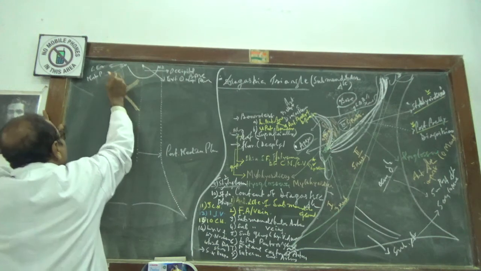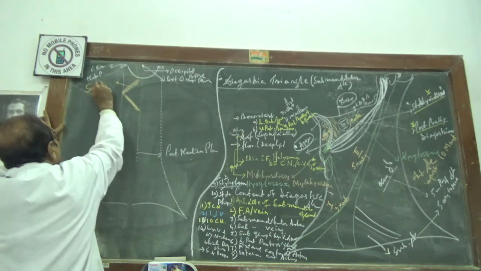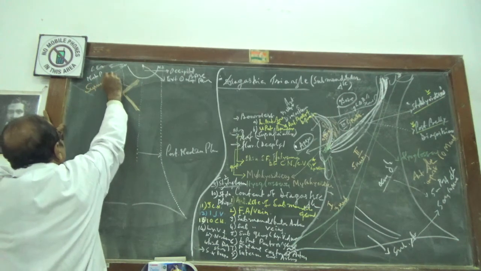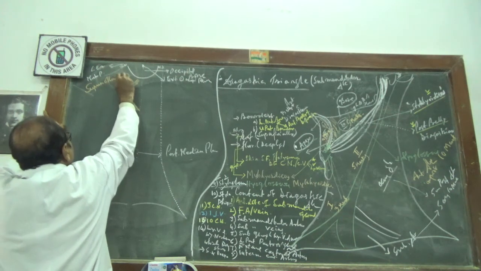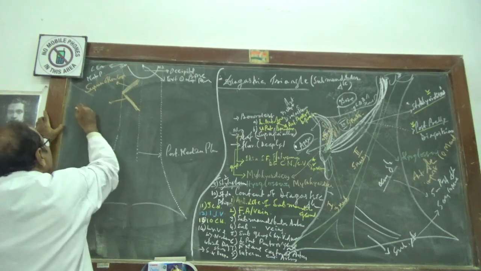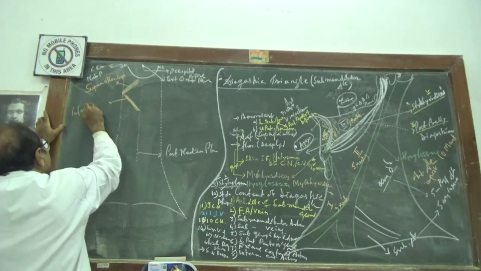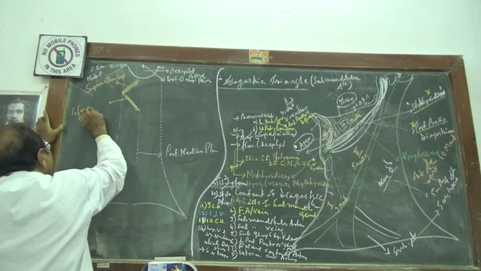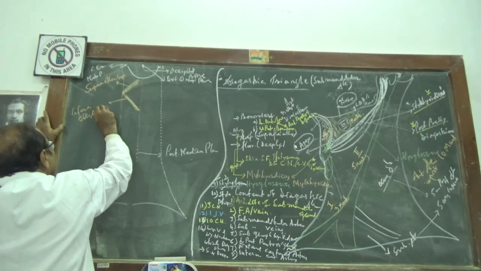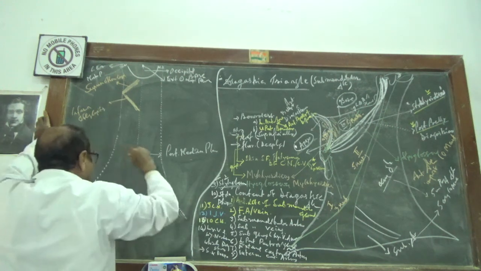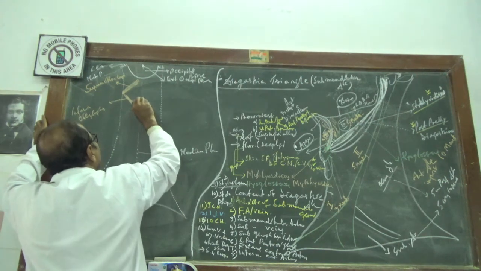This is called the superior obliquus capitis. This is called the inferior obliquus capitis. Then here you have two.